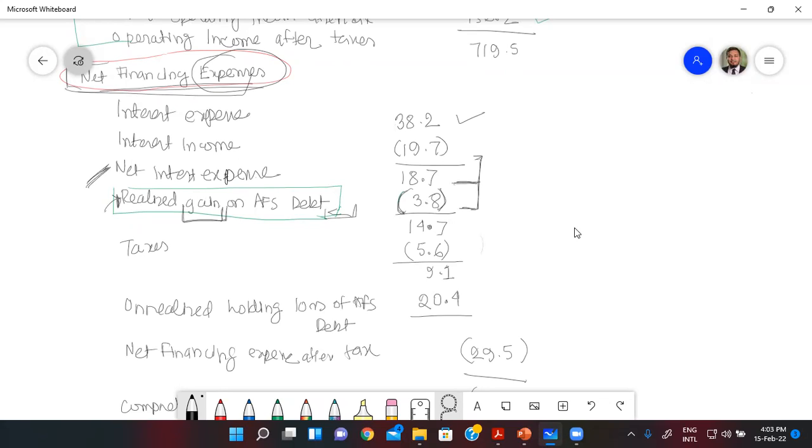Now again, you recall the tax rate, 8.4%. If you apply the 14.7 multiplied by 384, what is it? It is the interest tax shield. So this amount is positive, 14.7. If the net financing expense here is positive, should we get a tax benefit or will we incur the tax burden? What do you think?